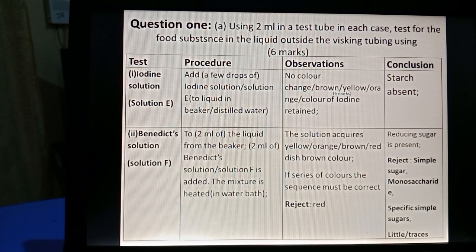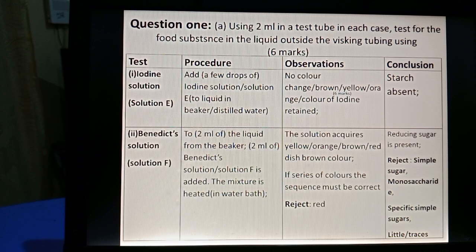If it is a series of colors, the sequence must be correct. Because here the solution acquires yellow. You know, it's supposed to be green, yellow, orange, the sequence. No, actually you start from blue, green, yellow, orange. Reject red. It is a reddish brown color.